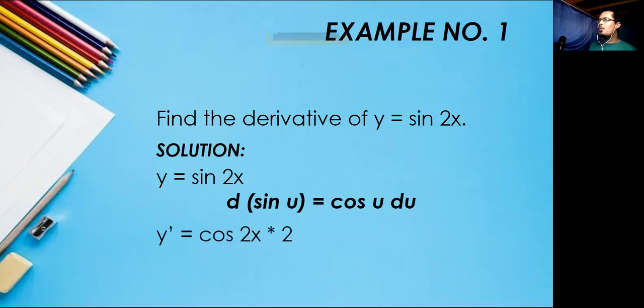So y prime is cosine of 2x times the derivative of the angle 2x, which is 2. And therefore, the answer is 2 cosine of 2x.